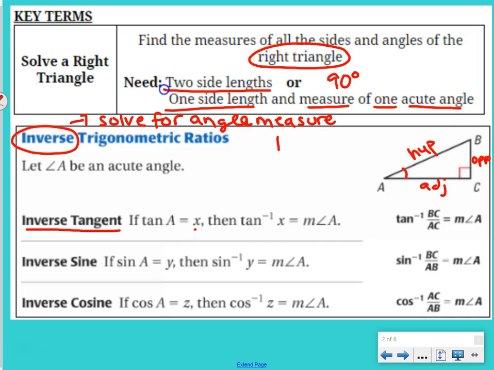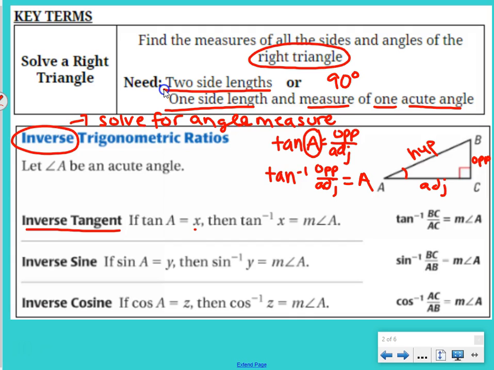So we know that the tangent of angle A would be our opposite side over our adjacent side. So to find A, we would do the inverse tangent of the opposite over the adjacent side, and that would equal the measure of angle A. So it's just a little bit backwards.